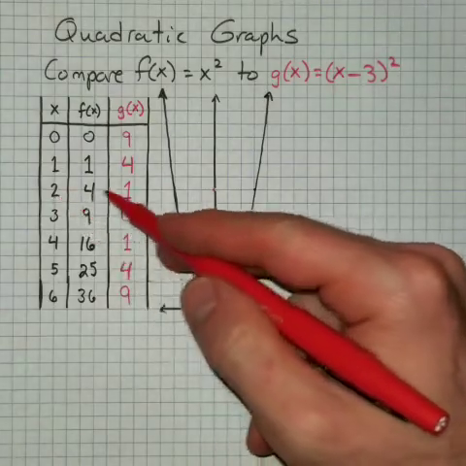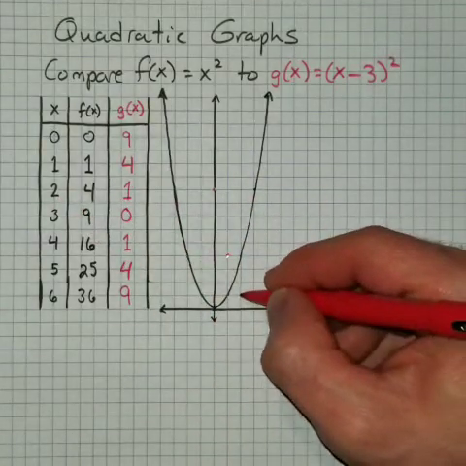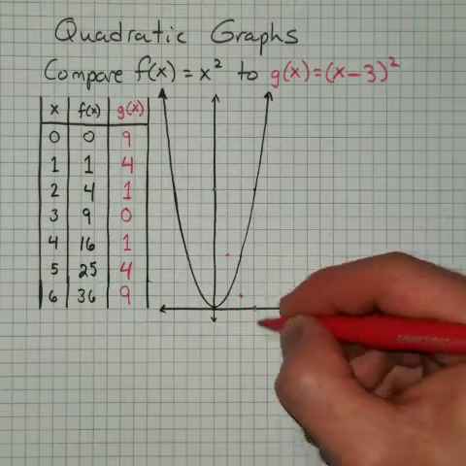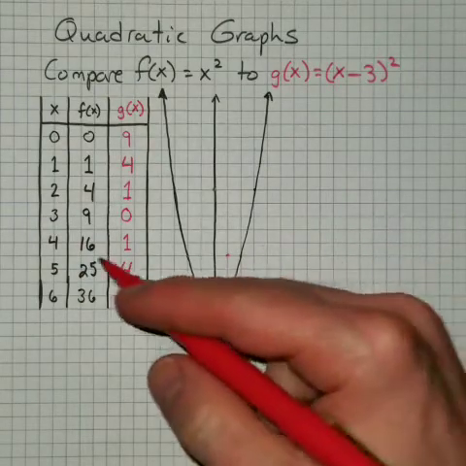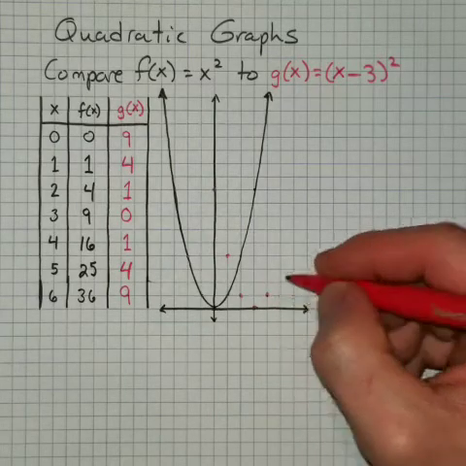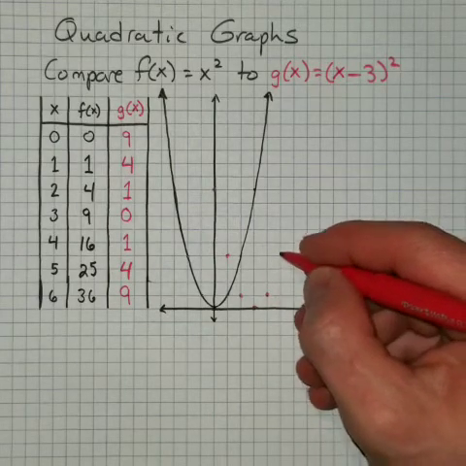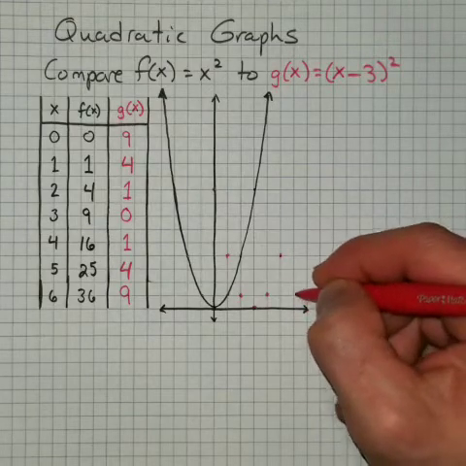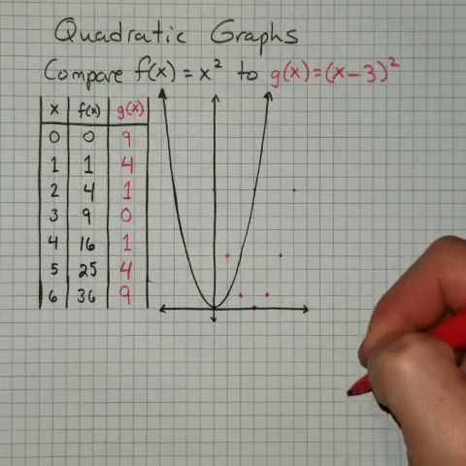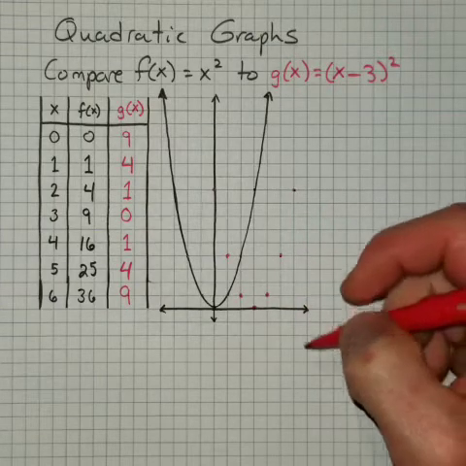And then 2, comma 1, so over 2, up 1. 3, comma 0 is a really important point. And then we've got 4, 1. And then 5, 4. And then 6 goes up to 9. You can probably already see what's going on.